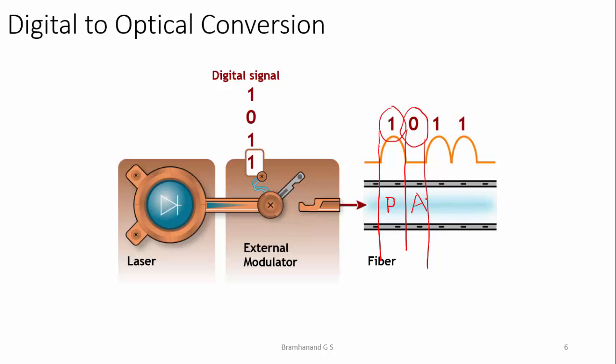So the precision of the laser diode, the characteristics of the laser diode is very important, because it has to transmit the light within a very short time period, and the accuracy of its switching from transmission to non-transmission based on digital 1s and 0s is very key in any optical transmission.